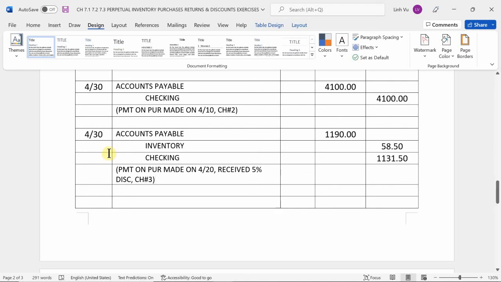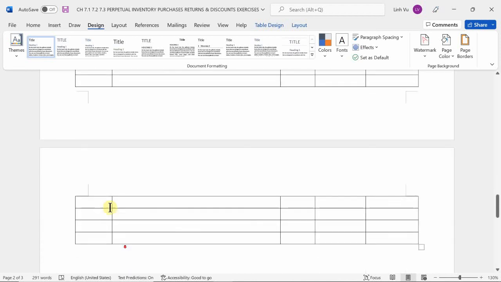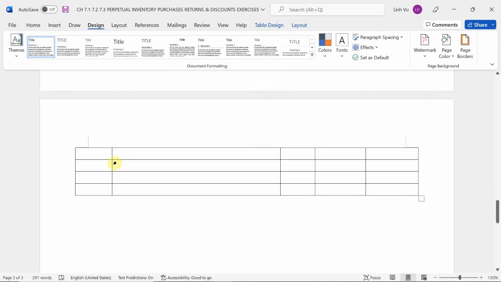What about the discount? The inventory discount would be $156.25. Good. So you have to recognize the discount as well because remember, terms is a condition. You have to pay in order to get that discount.